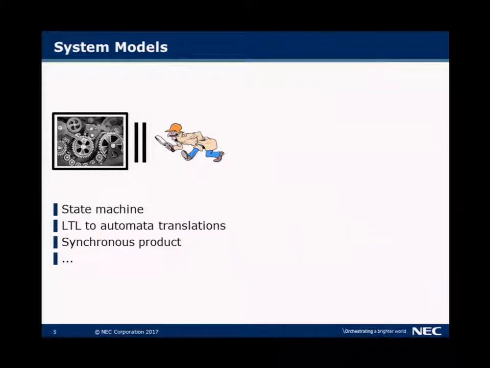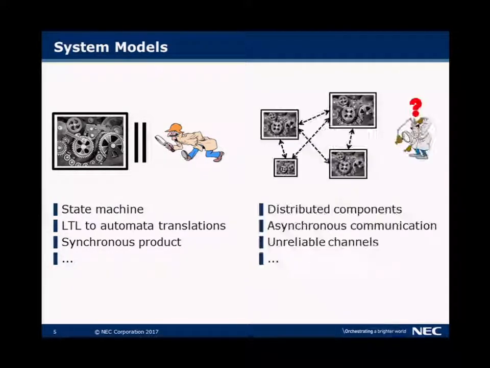However, this setting is often too simplistic because the monitor would block the system from continuing. So they always need to synchronize. And if you have a distributed system, this blocking of a monitor is not acceptable.